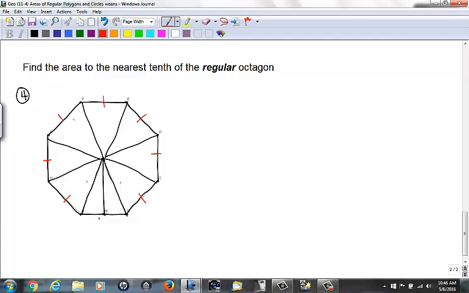What you really have to figure out is that angle. If you take all the way around the circle, it's 360, and divide it by 8, you'd end up with 45 degrees. And if you drop the perpendicular, then you're bisecting that angle and you get 22.5. So this little angle inside here is 22.5 degrees.